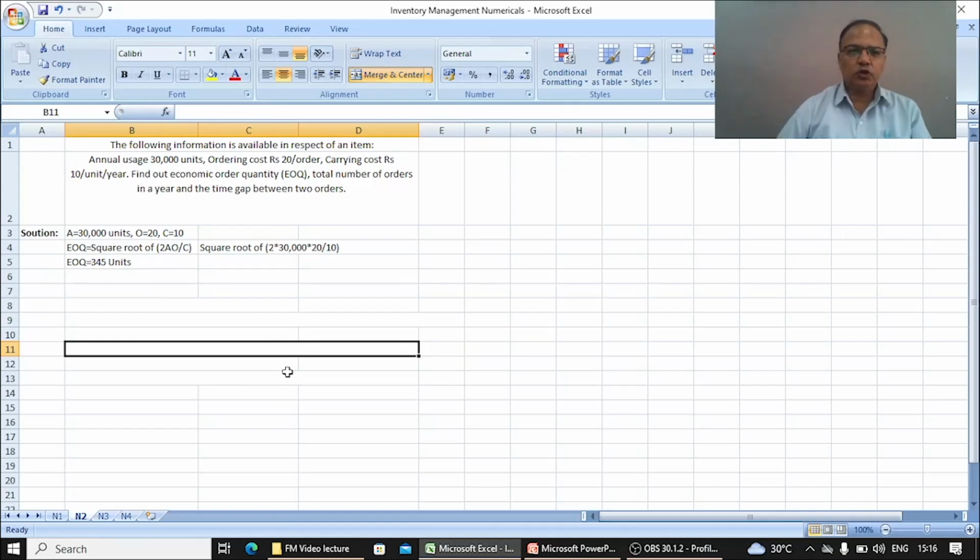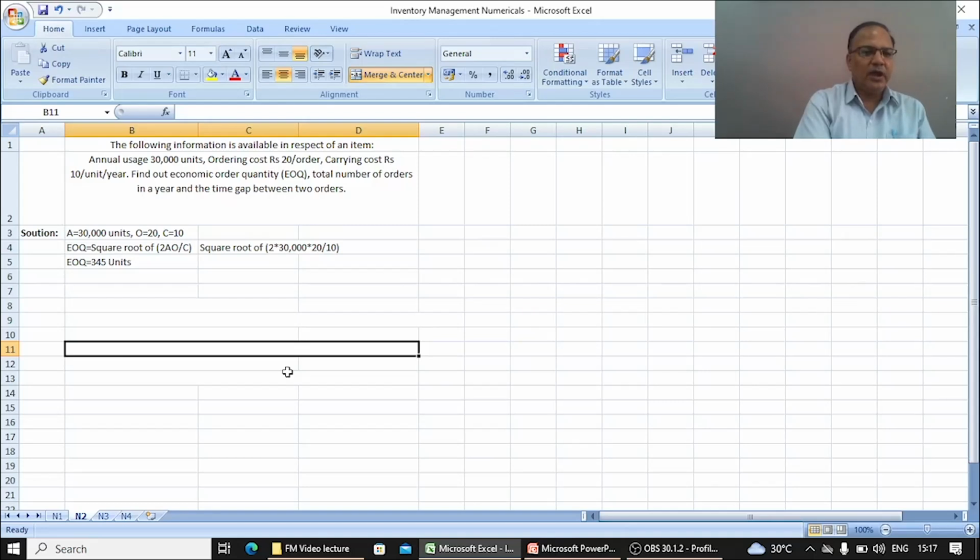Now, total number of orders in a year. So, if you are purchasing 345 units per order, and the total requirement is 30,000 units, then 30,000 should be divided by 345.